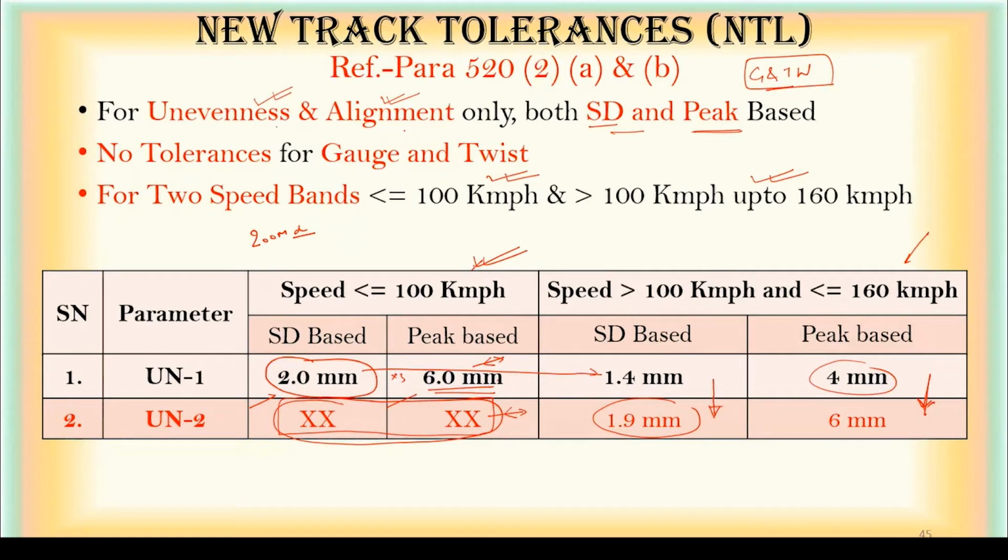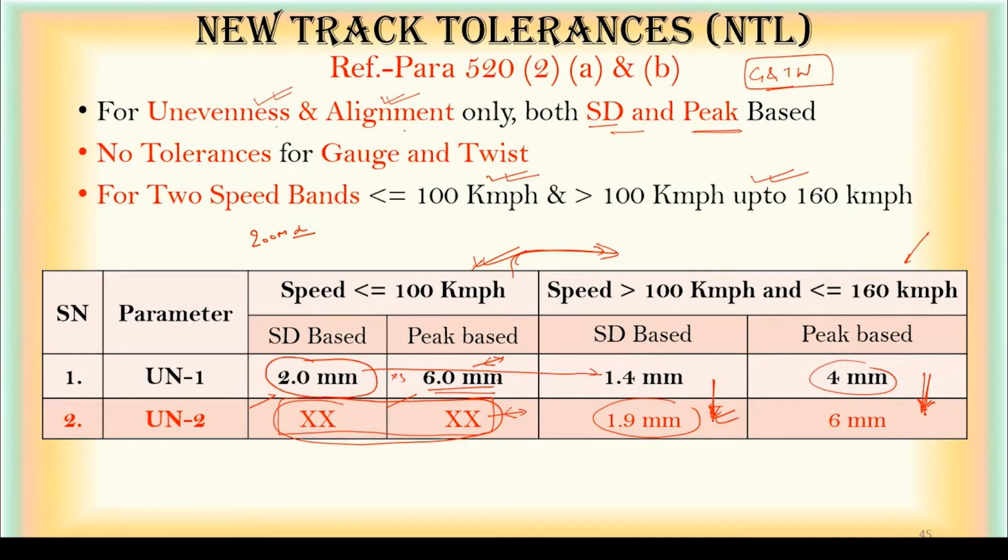Higher value. Okay. So since we will get higher value, we need higher tolerance. Okay. So you can see it will increase in this direction. It will increase when the speed band increases. It will decrease when the speed band decreases. And peak based will be generally 3 times of SD based.